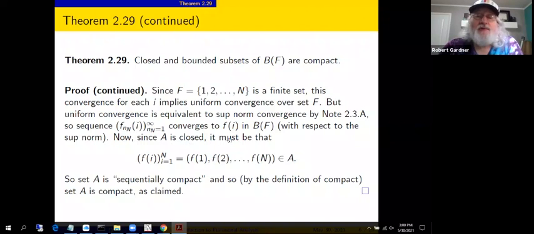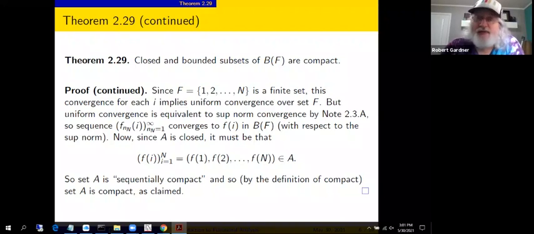A is closed, so it must be that when we look at the limit of these vectors, the vector f of 1, f of 2 through f of capital N must be an element of A. They're a limit point, and A is a closed set, so it includes its limit points. So we get convergence pointwise, component-wise, and hence convergence in B of F. And this is what the limit point is, and that limit point is in set A.